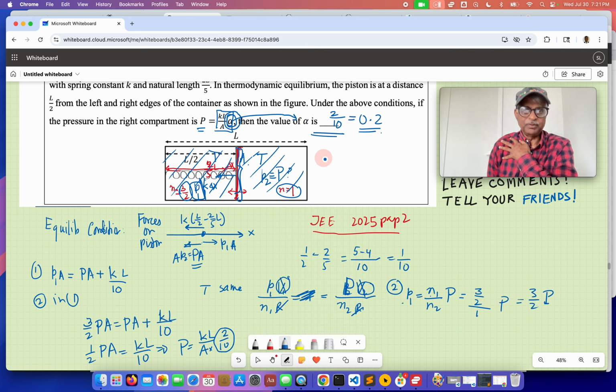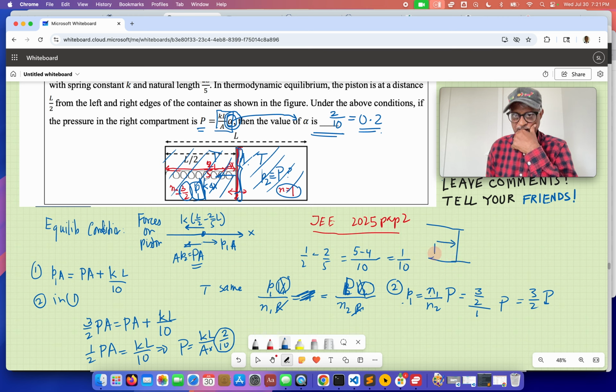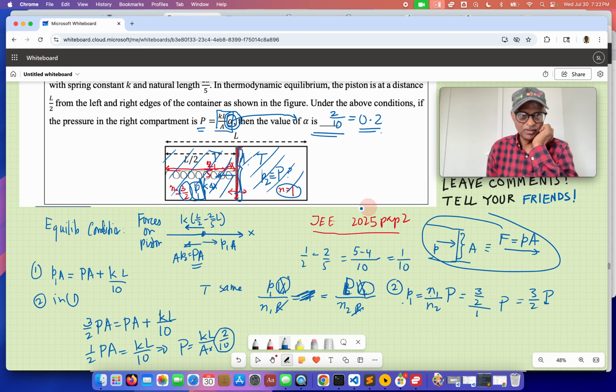Okay, let's recap. A couple of concepts here. If a gas applies a pressure P over an area A, the force is P times A. That's one concept you had to know. Second is identifying the forces and their directions, very important.